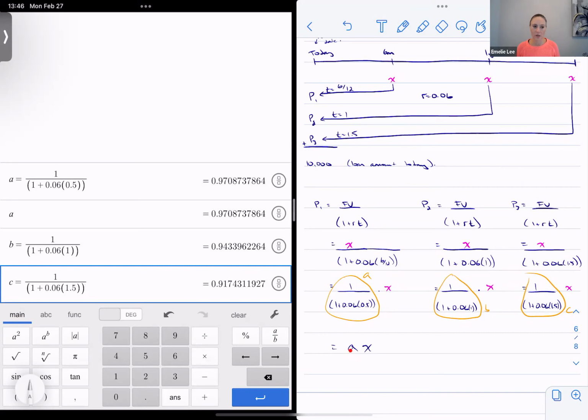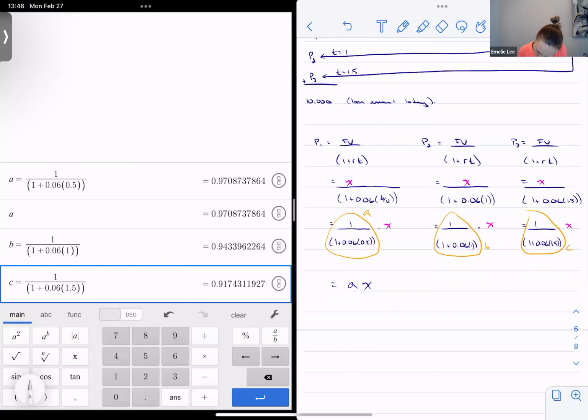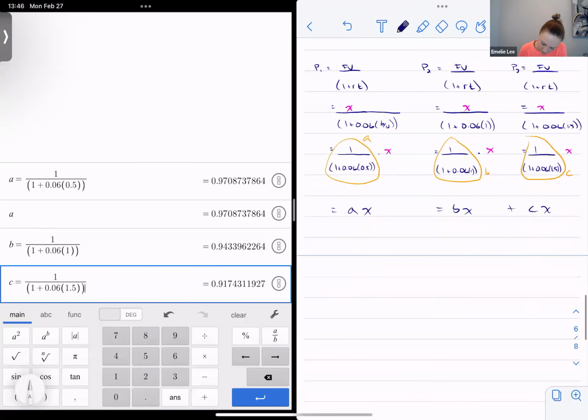I will screenshot it and bring it in. But then what I want to do is I'm also looking for P1, P2, and P3. They have to add up to satisfy the $10,000, right? That's my initial loan amount. Okay. So this becomes BX plus CX. All right.